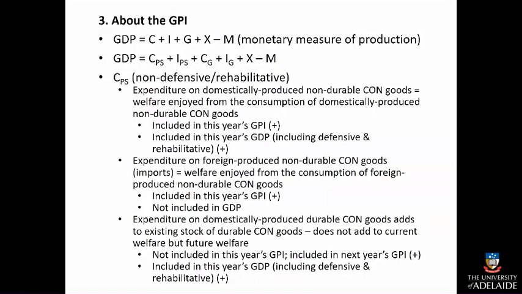Okay, then there's expenditure on domestically produced durable consumption goods. So this is different to what I've talked about here, where I'm talking about non-durable consumption goods. It just adds to the existing stock of durable consumption goods, does not add to current welfare but future welfare. All right, so let's imagine that you have, I was trying to think this morning of an Australian-made, domestically produced durable consumption good.